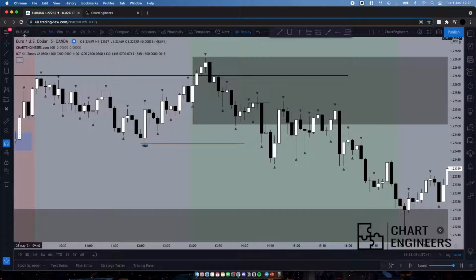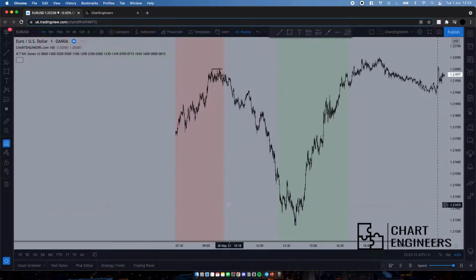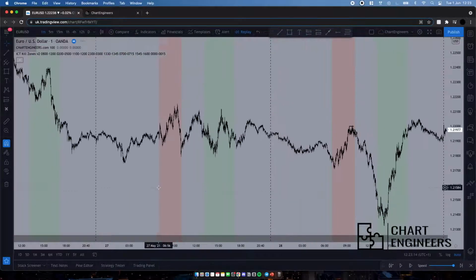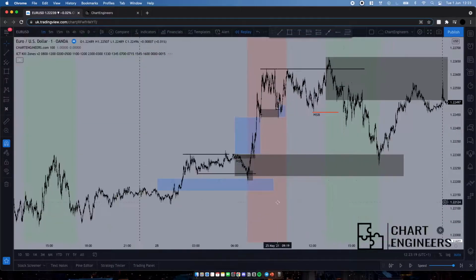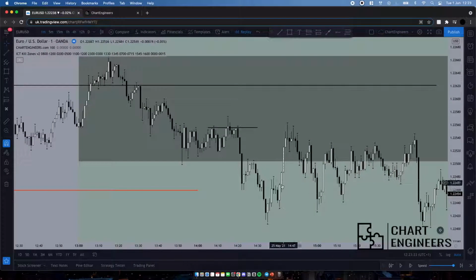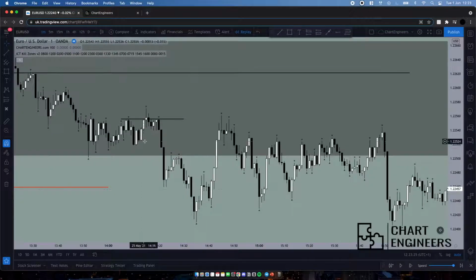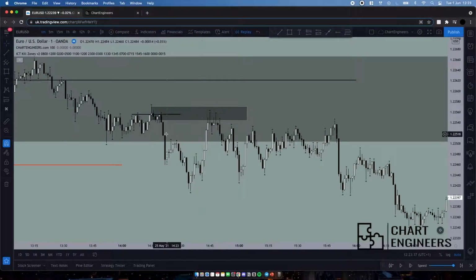So M5 raid, go back to your M1. And then here you've got your breaker zone. So breaker zone entry is there, or if you want to use the raid candle, it's up to you.